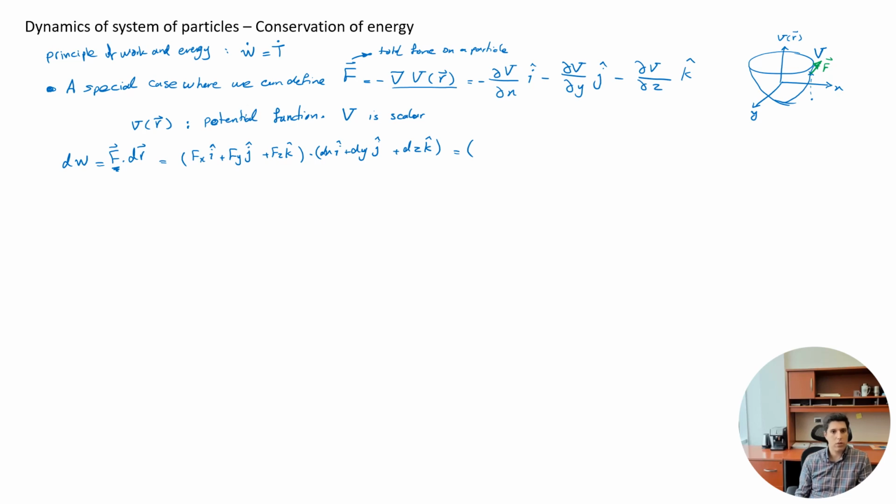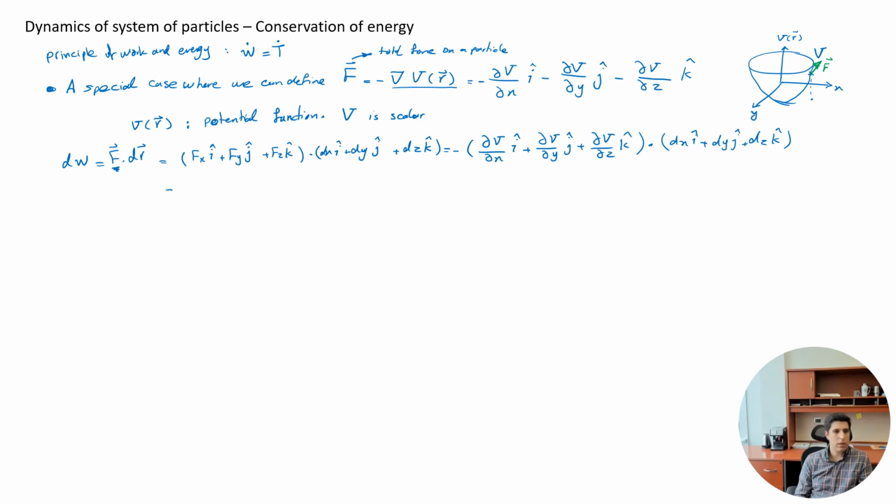Let me take out one minus, equals minus partial v partial x i plus partial v partial y j plus partial v partial z k, dot dx i plus dy j plus dz k.